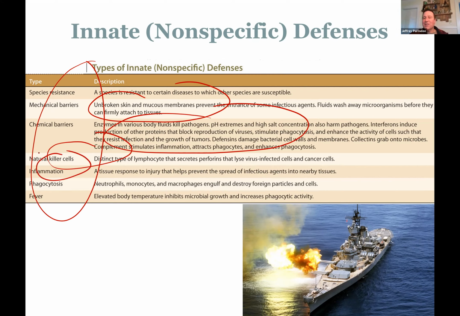Inflammation is these chemicals that cause areas to become red and swollen, right? And then our phagocytes, see neutrophils, monocytes, those are the big players. They just eat the bad guys. And then fever, elevating your body temperature, inhibits the microbes but increases our phagocyte activity. All right, see all these? I went through them slowly in class.